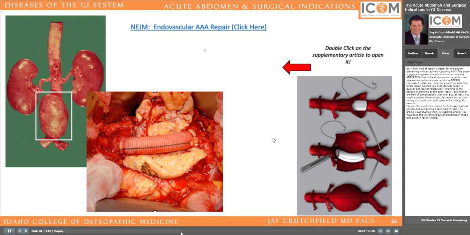Whereas complications related to the repair, i.e. hernias from the large incision, fistulas, i.e. connections between the aorta and the duodenum, called an aortoenteric fistula, are more common after the open repair.